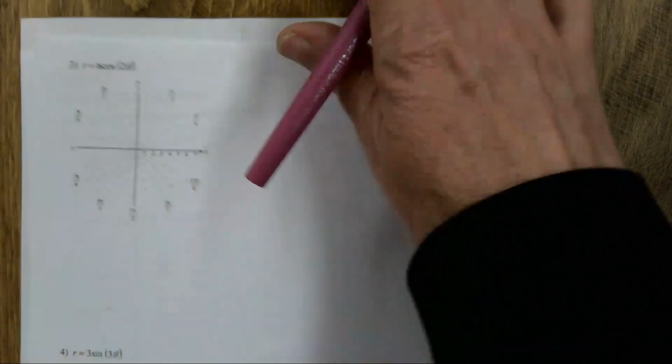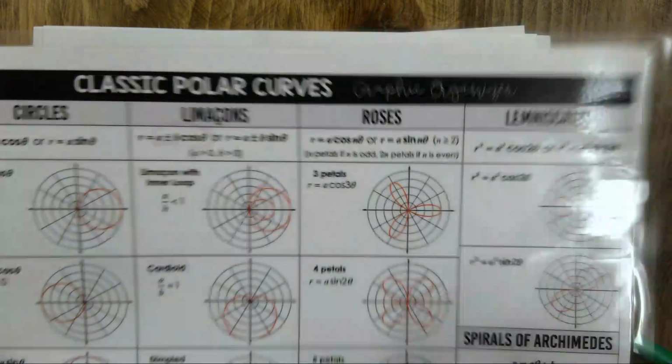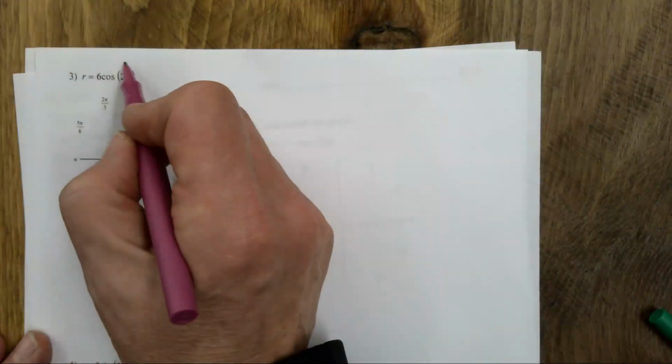So now let's take a look at this one. What do you think I have? I heard a rose. Anybody else agree with a rose? Got to be a rose. Why does it have to be a rose? Yeah, because it's got the little n in front of the angle. Okay. What does this 2 in front of the angle also change?